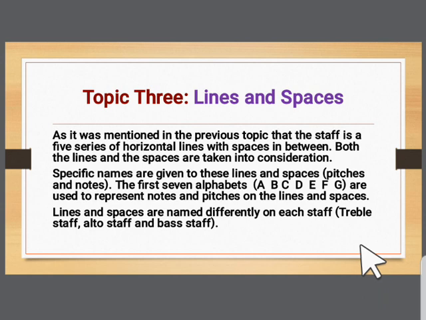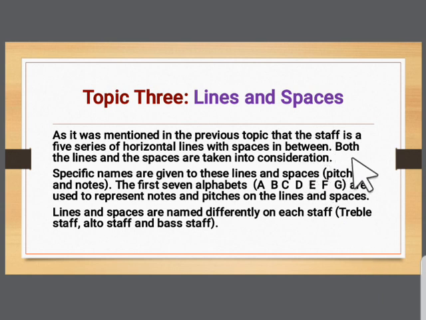So we are moving to our third topic. That's lines and spaces. As it was first mentioned in the previous topic, that is staff and notes, we get to know that the staff is a series of 5 horizontal lines with spaces in between.